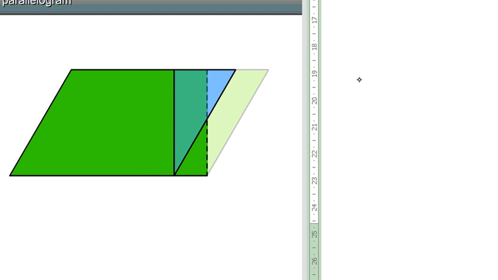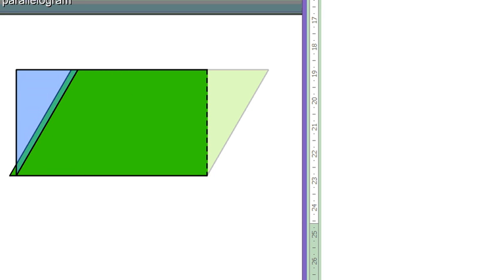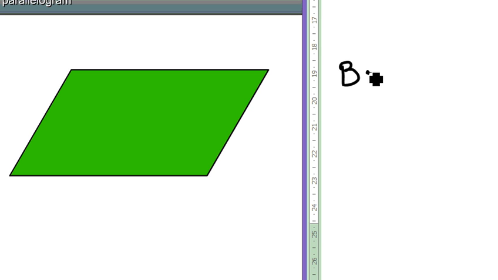So the area of this shape is found by the formula base times height.